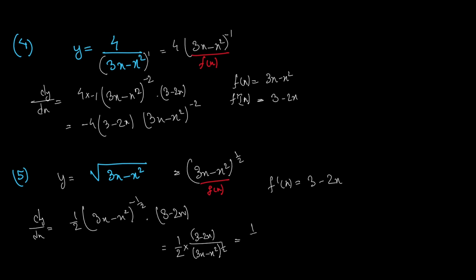So we can write this answer as 3 minus 2x divided by square root of 3x minus x squared. All of these three answers, this one, this one, this one, are valid answers. One of these three will work. So let's move on and look at another math.